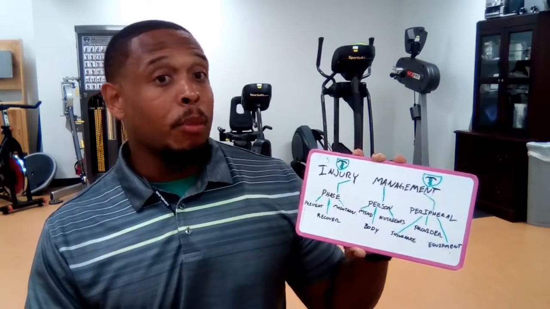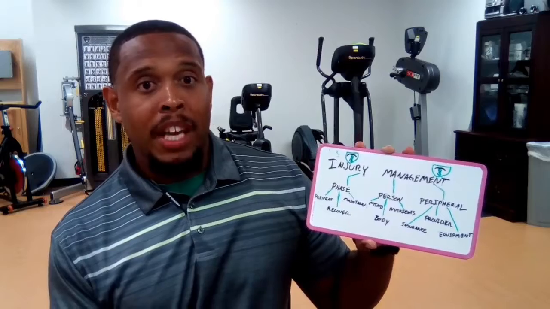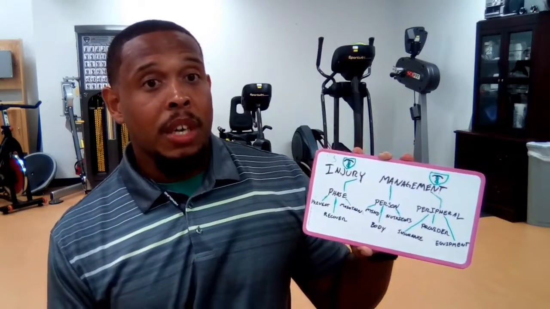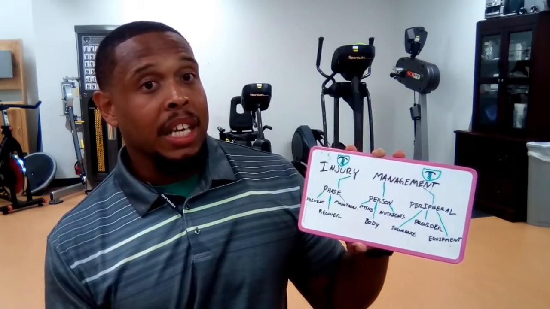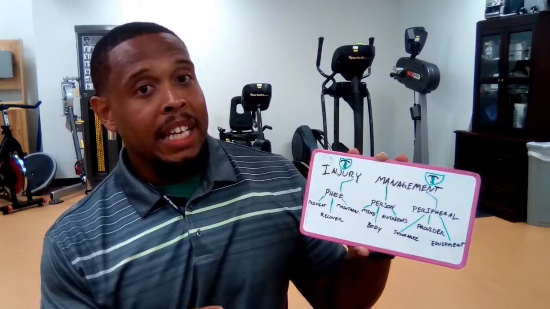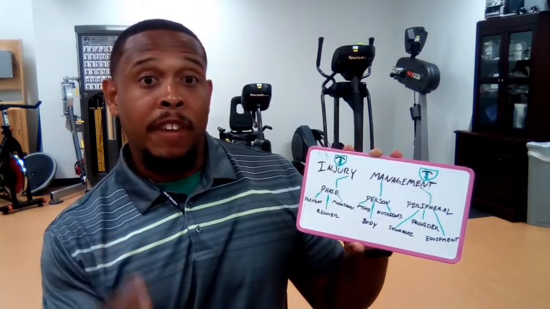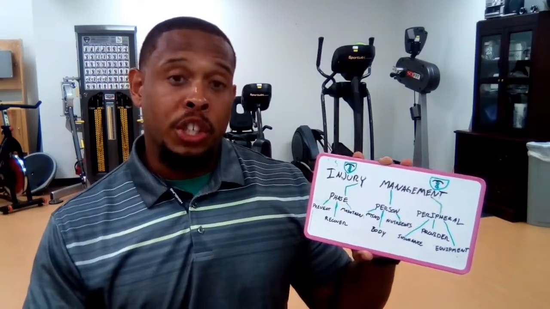Now, personally, to get even more specific, for me, it's the person's body. I'm a rehab specialist, athletic trainer, performance coach. My main focus is the person's body. And so when I'm working with somebody, I need to make sure that all the various pillars and their aspects feed back into the body and are affecting it in a way that moves it to the level of the goal we're reaching for.